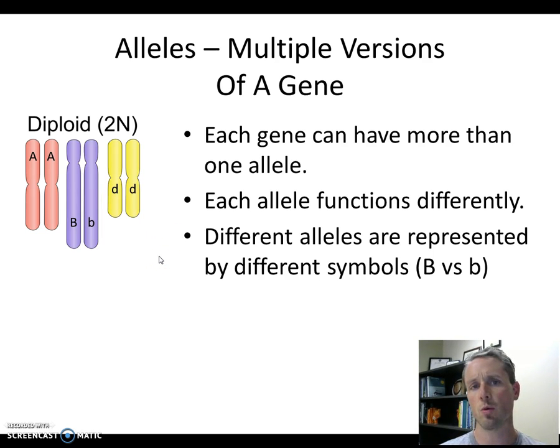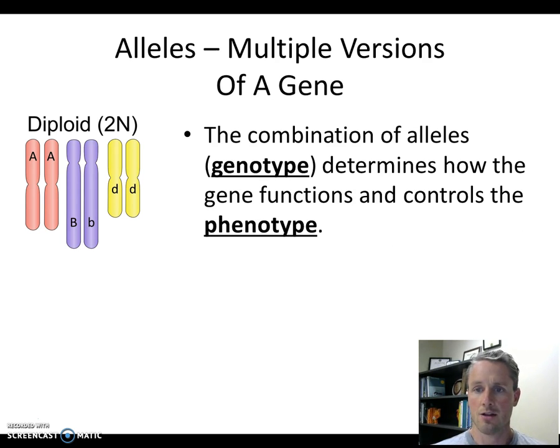So here we're building towards ways to describe the genotype. Again, it's what genes do we have? And when we ask what genes we have, we're really saying which alleles of each gene do we have? So we'll use these symbols to describe the genotype.